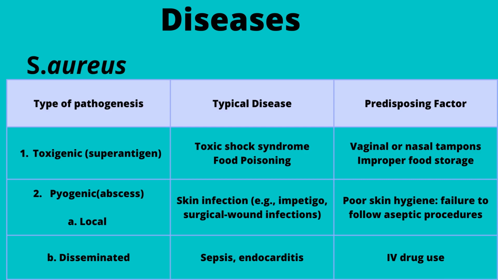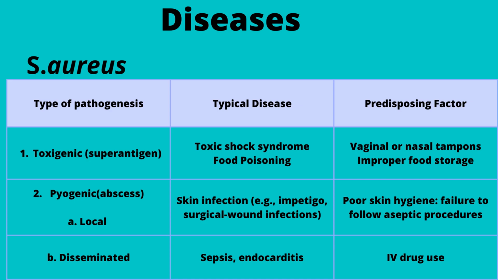So the diseases of Staphylococcus aureus can be categorized into two categories, that is toxigenic and pyogenic. In the toxigenic categories, there are two diseases. One is toxic shock syndrome, that is caused by toxic shock syndrome toxin, and food poisoning, that is caused by enterotoxin.